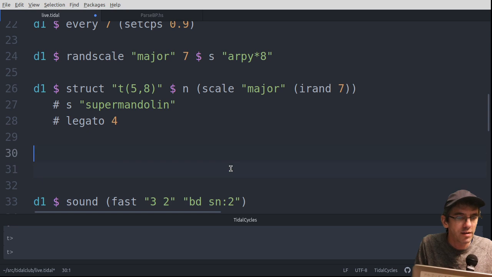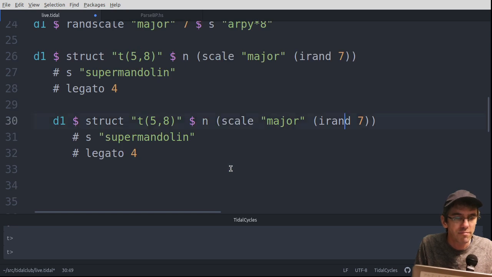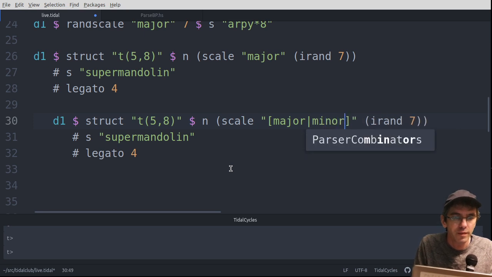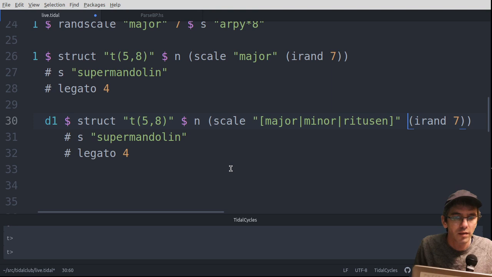To do a random scale, maybe you could do something like this. So now it's picking a random scale out of this list every cycle. Or you could use choose for this as well.